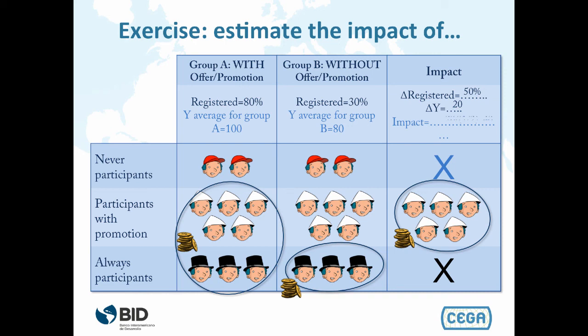And so we divide 20 by 1/2 to give us 40. And so the impact of getting the treatment is 40.